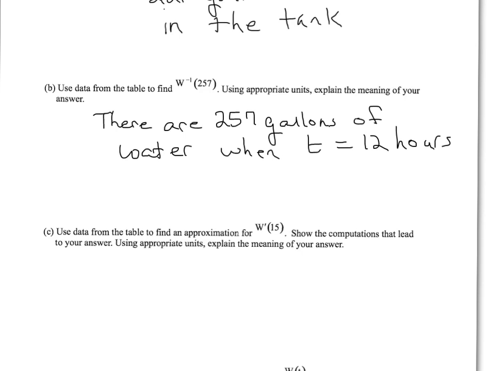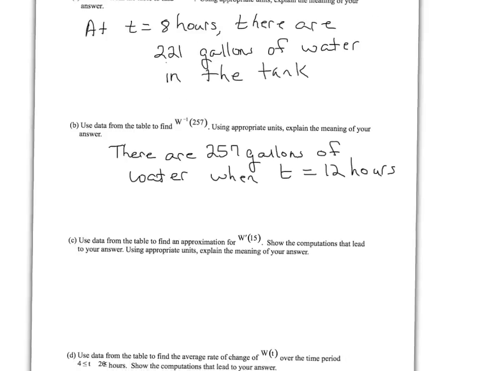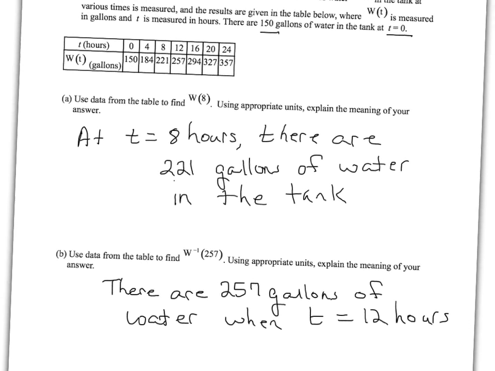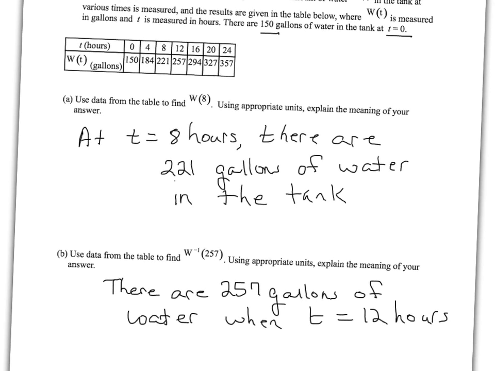It's a derivative. How would we find that derivative from the data that we're given? It's a rate of change when time is 15. Do we have anything about time being 15? How do we find rates of change from data points?